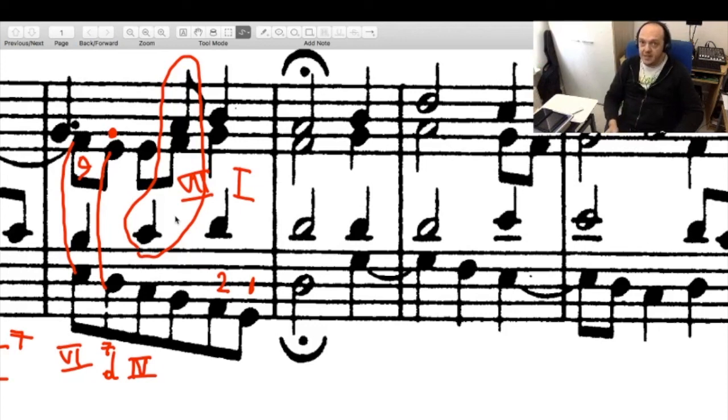That makes sense harmonically. That dissonance in the bass just follows the line, is justified by a line in the bass falling down by step, and I'm just gonna label that a discord.